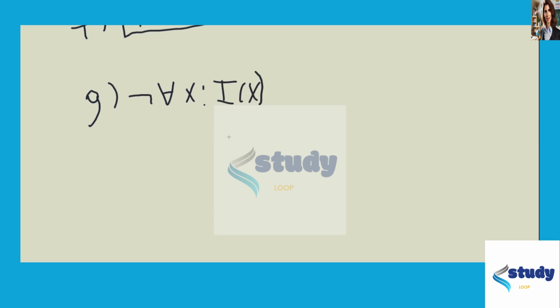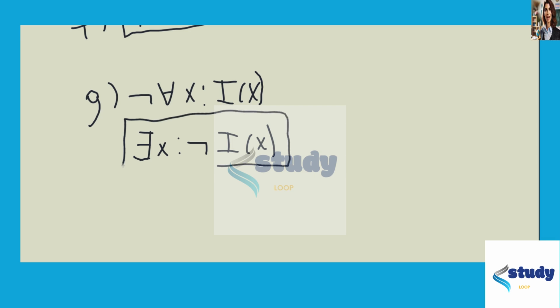The negation of that is going to be there exists an x such that the negation of I of x. This is the logical consequence of the negation of for all x meaning there exists an x such that the negation of I of x. So there is part G.